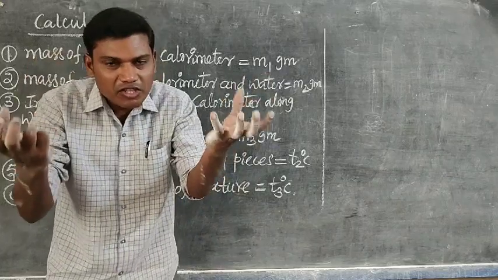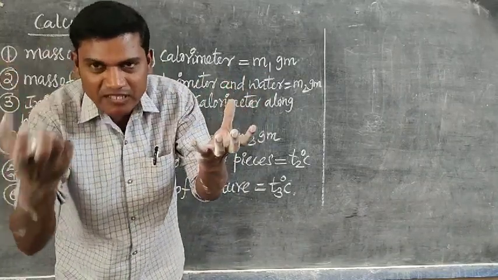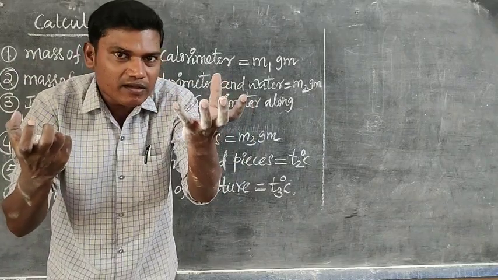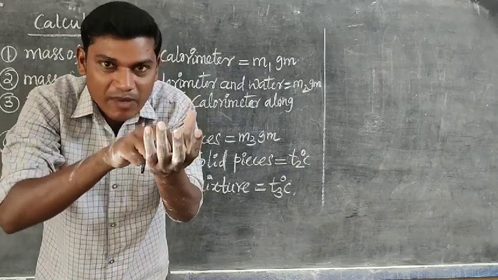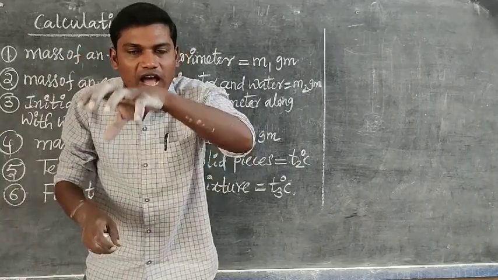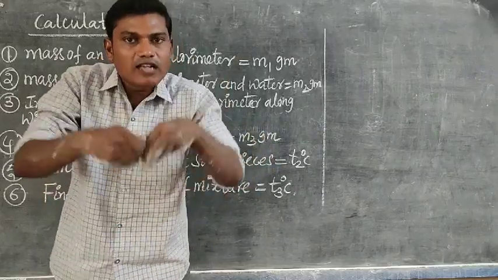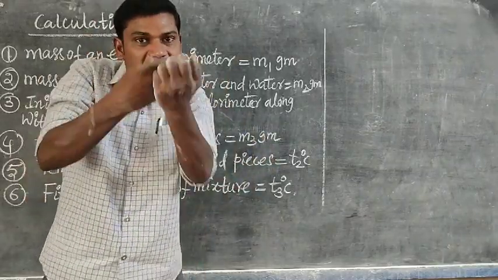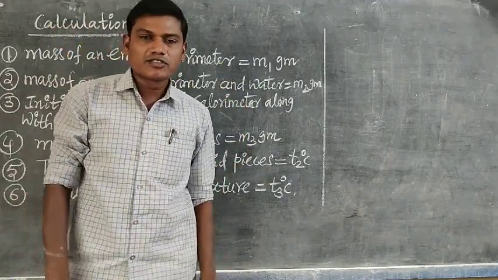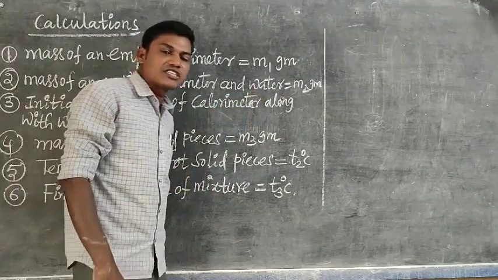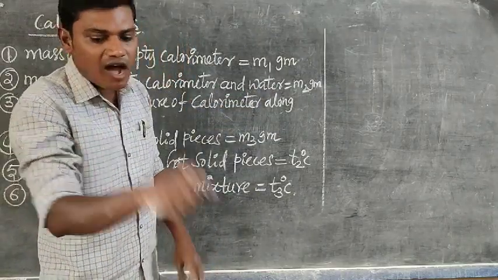When these two are not at the same temperature during mixing, the solid pieces are hot, and the calorimeter, copper vessel, and water are cold. So when you add it, what will happen? The solid pieces lose heat energy, and that heat energy will be taken by the copper vessel and water. That's why we use the principle of calorimetry, or principle of method of mixtures.